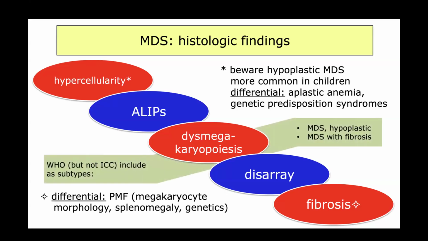Interestingly, the WHO, but not the International Consensus Classification, have included as subtypes the two items that I've mentioned on the slide, MDS that is hypoplastic, as well as MDS with fibrosis, separating them out as different categories.